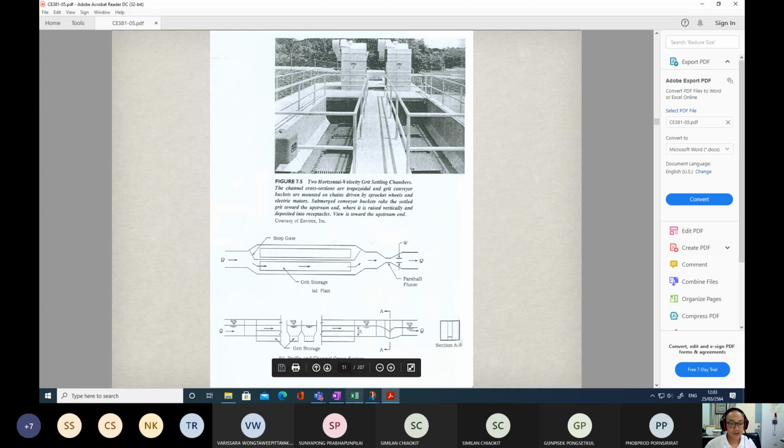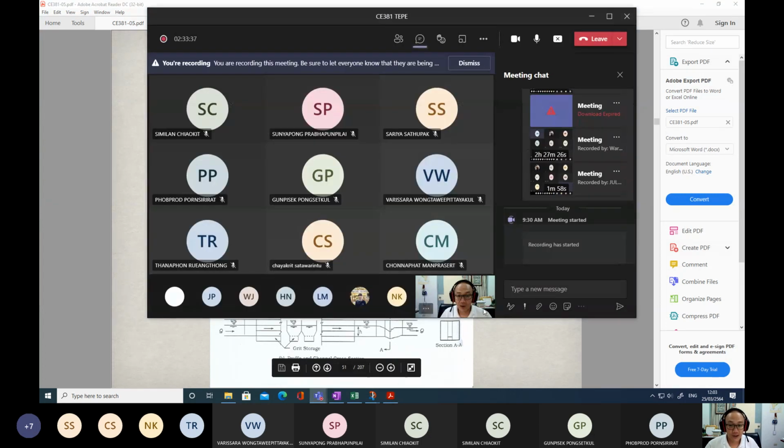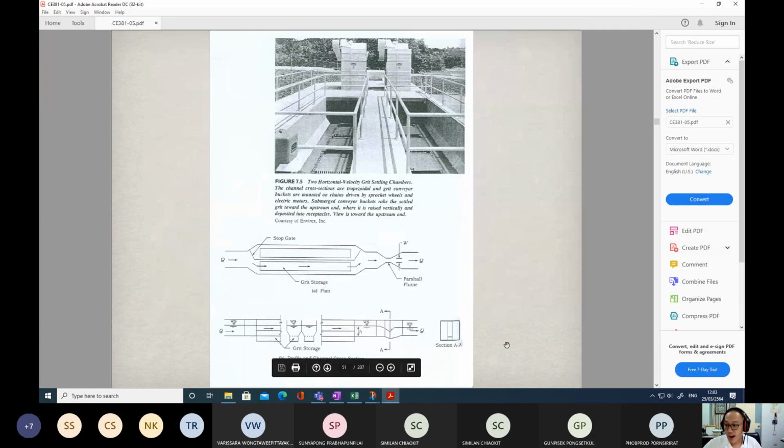That is the problem if we only have one unit in operation. That is why normally we provide at least two units. For the pumping facilities, the minimum is 2, but normally we need 3 as a minimum.